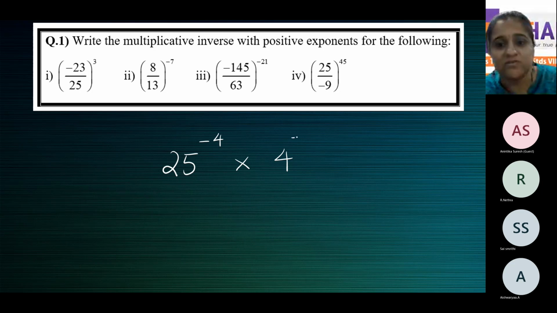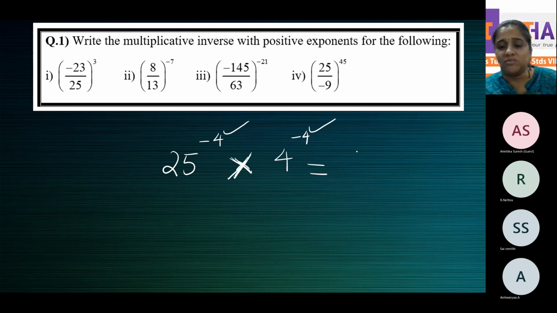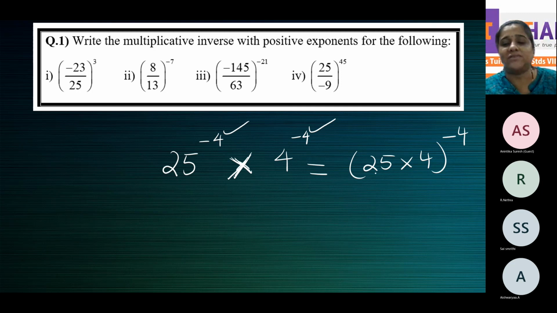Minus 4. The bases are different. It's multiplication, but the powers are the same. So what you have to do is multiply the bases and raise it to the same power. So it is 100 to the power minus 4.